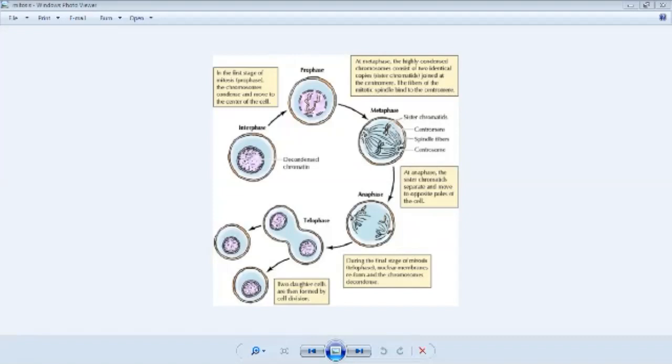So this is a very simple cell division, mitosis. In this, four different phases are present: prophase, metaphase, anaphase, and telophase.